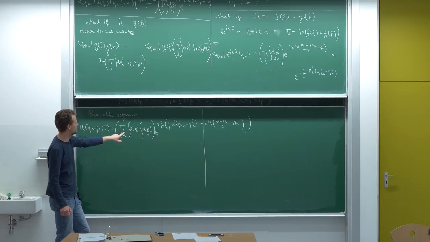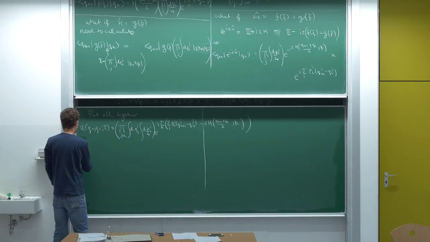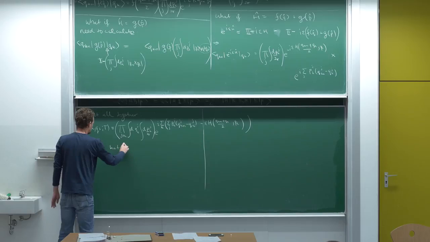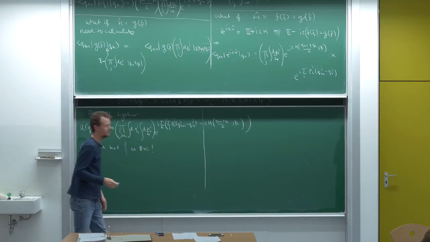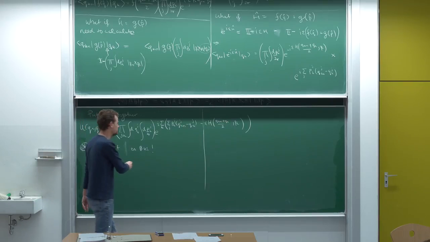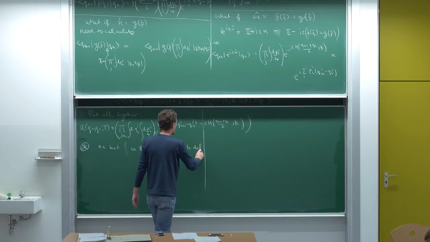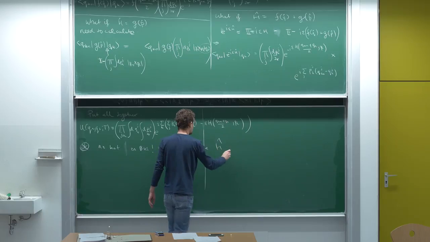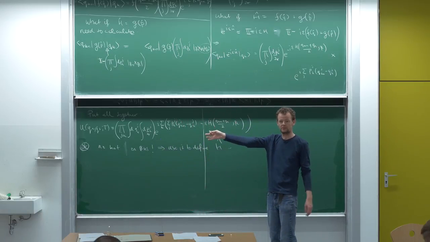So remarkable reason number one: there's no hat on the right-hand side. So you can use it to define a quantum system. You could use the right-hand side as a definition of a hatted version.